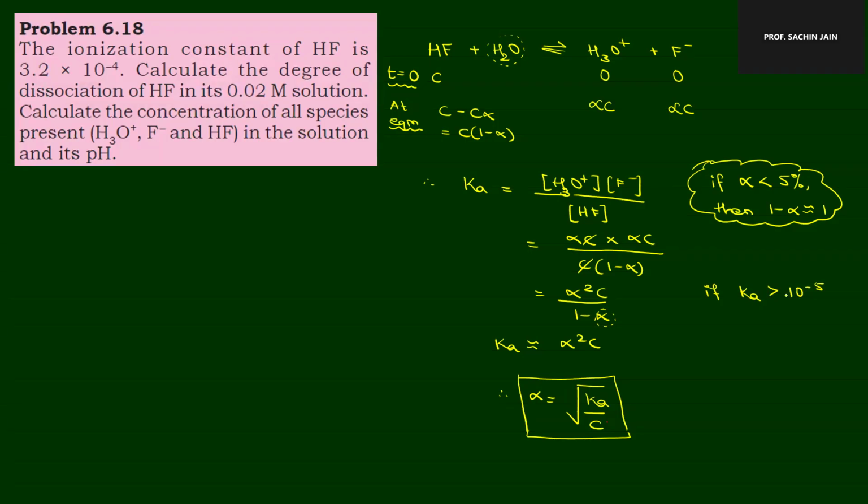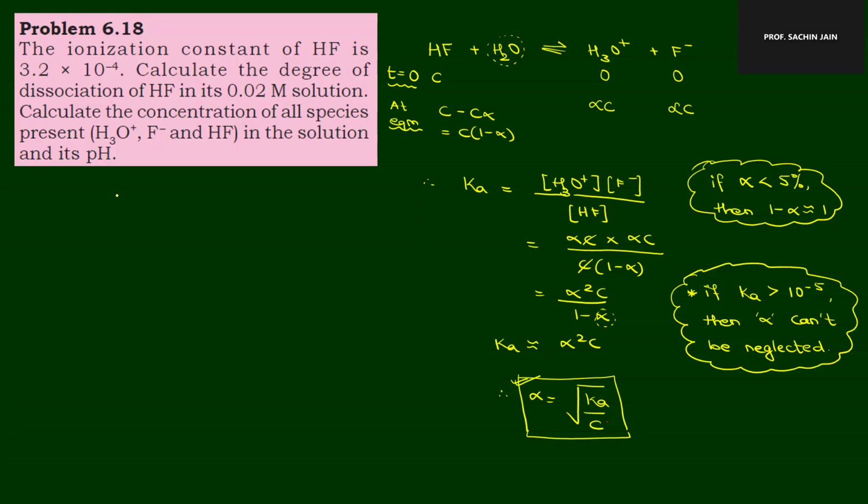If the Ka value is greater than 10 raised to minus 5, then the alpha can't be neglected, meaning you have to keep the alpha in the equation. But if the Ka value is less than or equal to 10 power minus 5, that is 10 power minus 5, minus 6, minus 7, then ignoring alpha you can use this expression. So the condition lies in both, that is Ka and alpha. So keep these two things in mind.